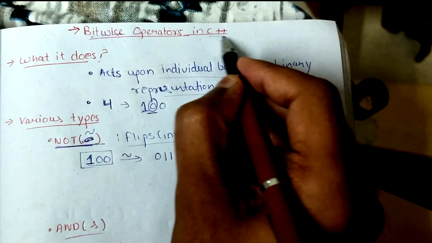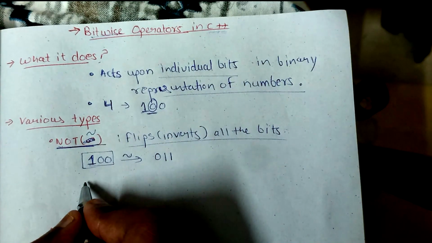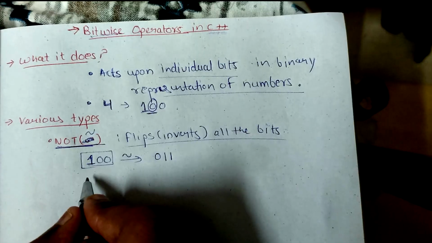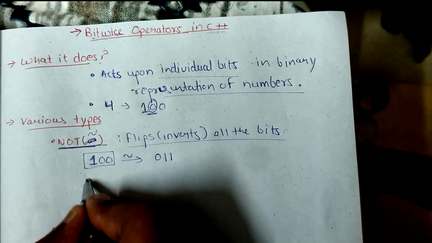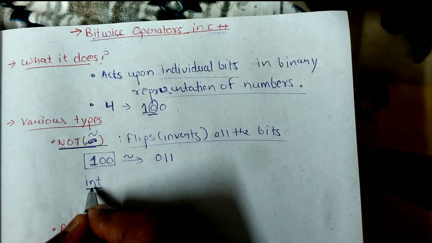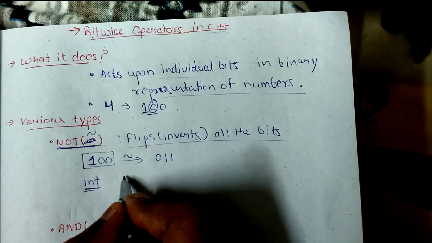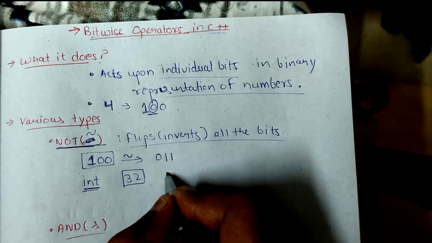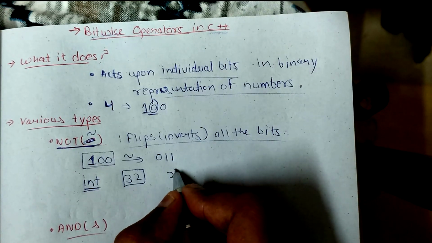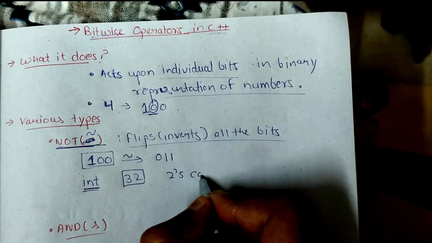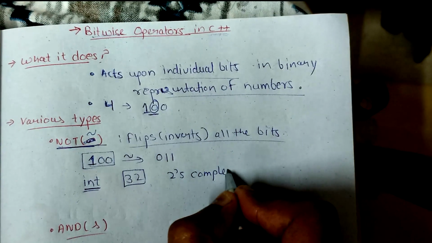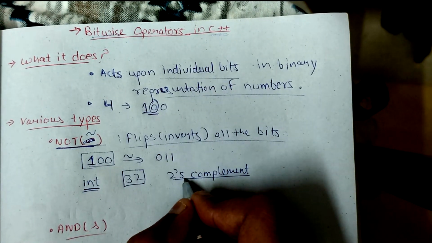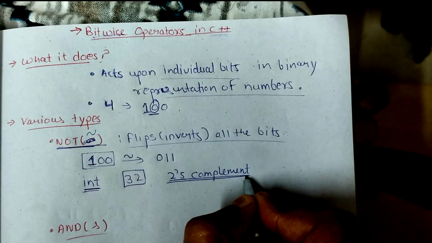But in C++, we use 2's complement, and the integers, the int data type that you use, uses 32 bits to represent numbers, and they are represented using 2's complement. So if you don't know what a 2's complement is, go and look that up first.